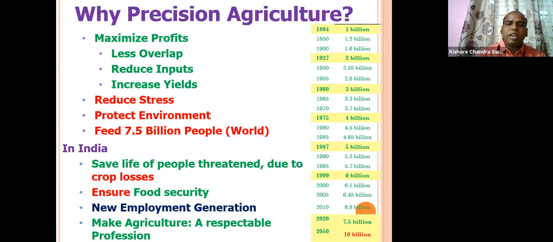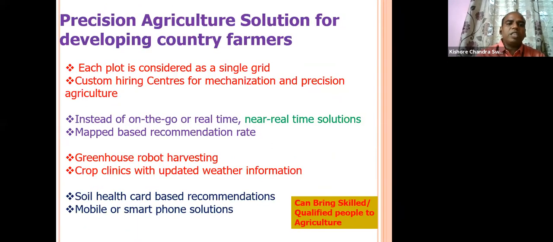And this is the population trend. Precision agriculture can be grid based, because some people question precision agriculture in India because we have small farms. But even on small farms you can see similar types of crops growing in an area, and their time of sowing and type of variety is also similar.